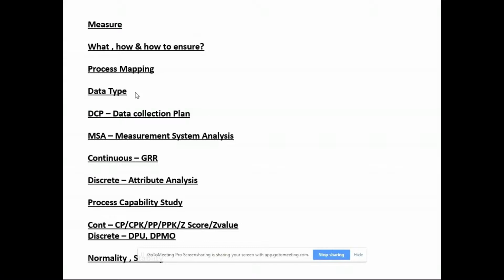And then you calculate bias, which is your average minus the true value. Okay, and then you do gauge R&R for operator error. So you do repeatability, and repeatability is the same person measuring the same thing with the same equipment. And reproducibility is either you change the operator or you change the equipment.